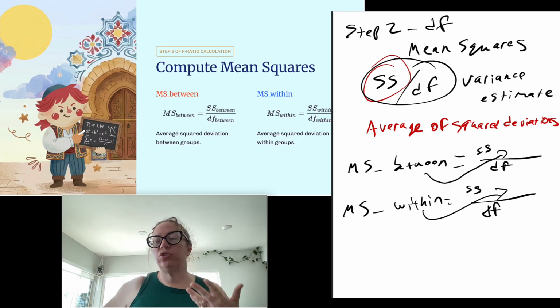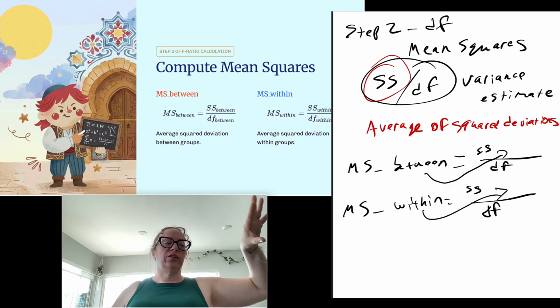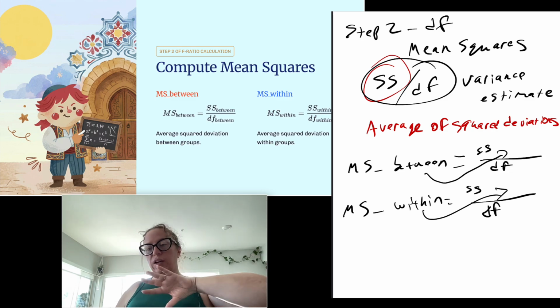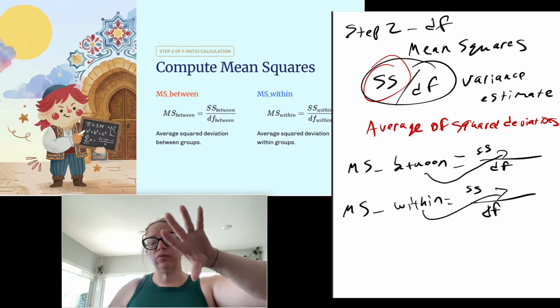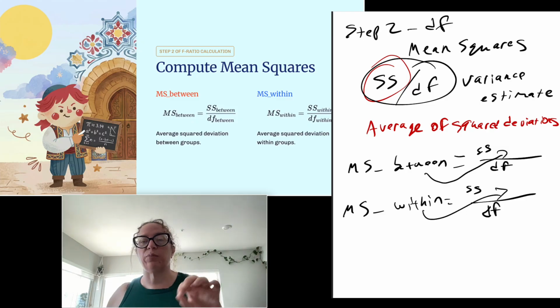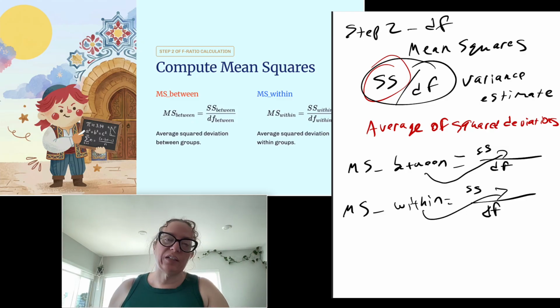And you're really just doing an average. The sum of the values divided by the total number of values. That's basically what this is. It's the average of the variance. And what this does when we take the average is we put the buckets on equal footing.